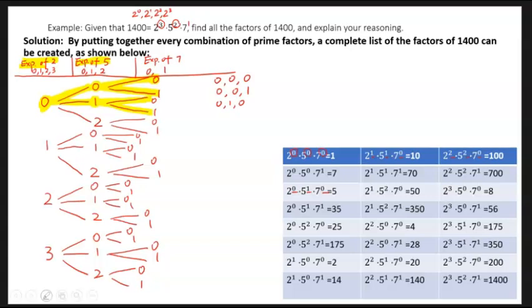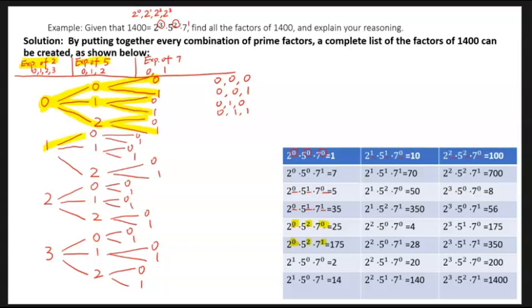So we get 0, 1, 1. That is my next one. So all the exponents that I got come from the tree, and this will be more organized, so you won't miss anything. So the next one, 0, 2, 0. As you can see, I have 0, 2, oops, sorry, 0, 2, 0. The next one will be 0, 2, 1. So I have 0, 2, 1.